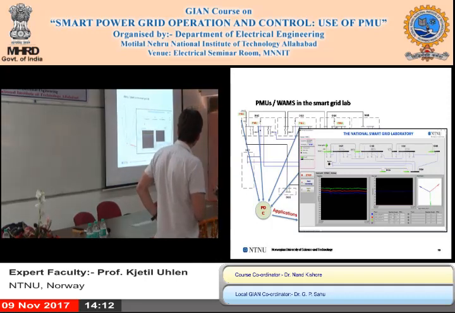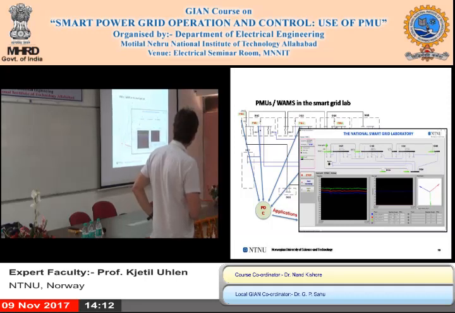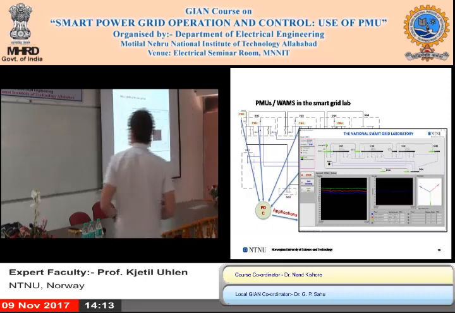And the idea there is that we have measurements from all these so-called bus bars. We equip these bus bars within the cabinet with a PMU, and they feed into a PDC, a computer that collects the measurements so that we can make applications based on that.